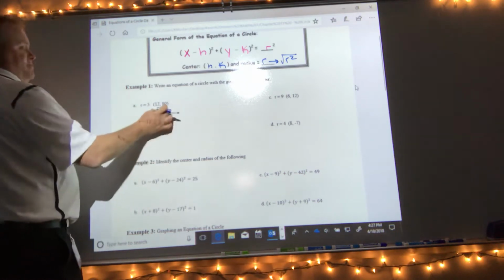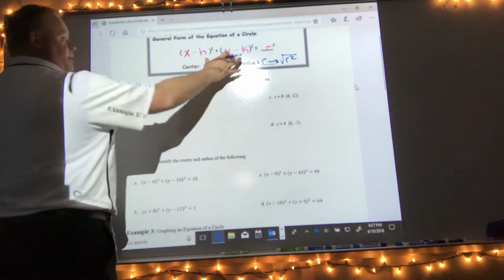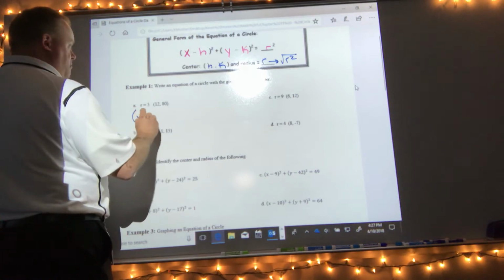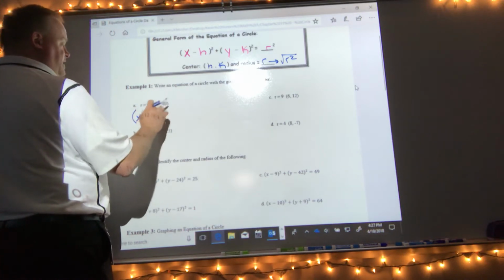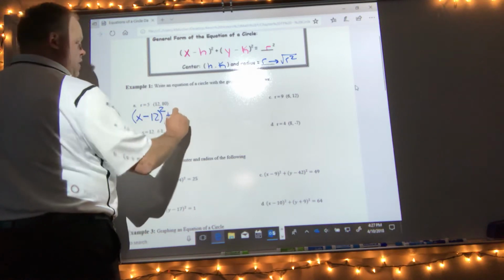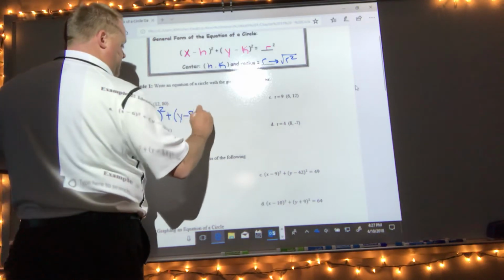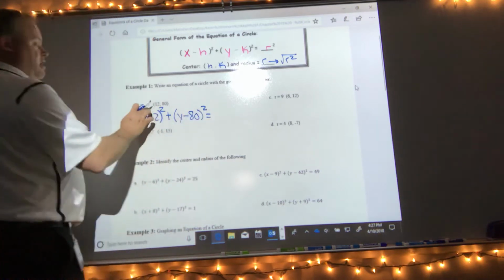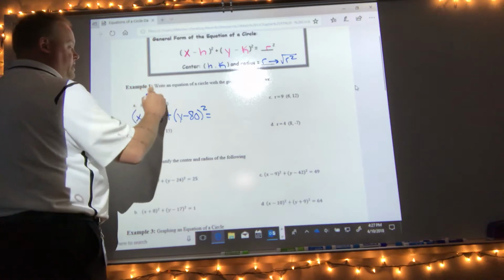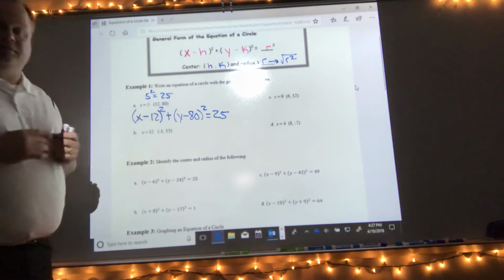My radius is 5, my center is (12, 80). So I'm going to plug it into the formula. (x - 12)^2 + (y - 80)^2 equals, my radius is 5, so that is 5 squared. 5 squared is 25. So I know it's going in here as 25.